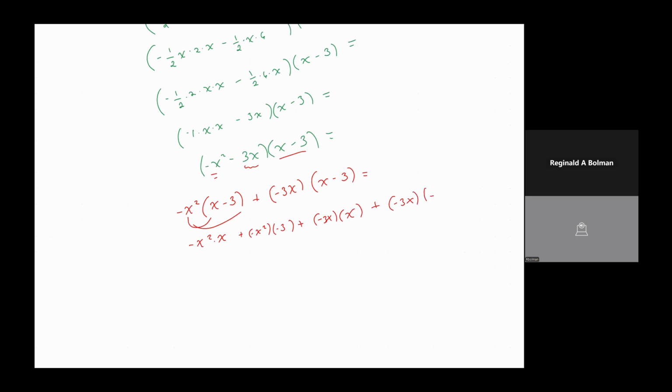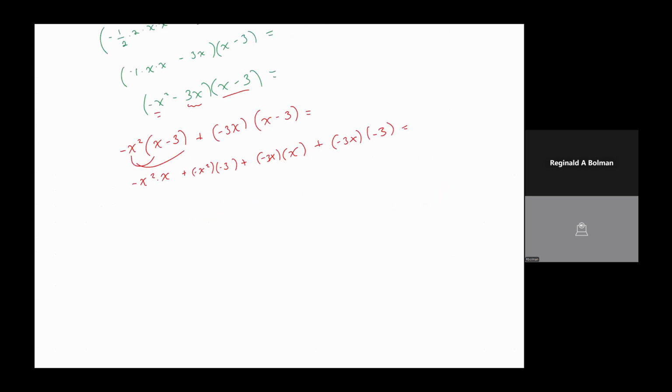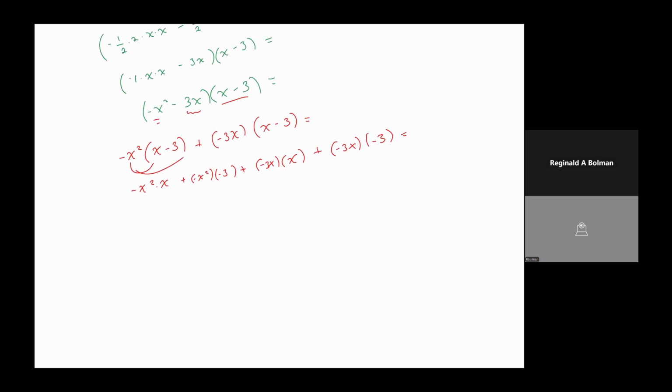Okay, so at this point in time, we're going to just focus on cleaning everything up. Negative and a positive is a negative. X squared times x gives us x cubed. Negative and a negative is a positive. X squared times 3 is going to be 3x squared. Positive and negative is a negative. 3 times x is just 3 times x, but x times x gives you x squared. So now you have a positive 3x squared minus 3x squared.